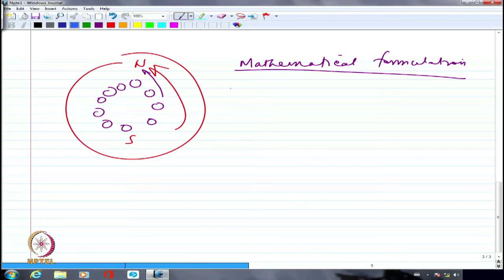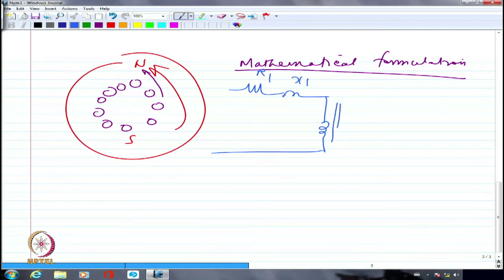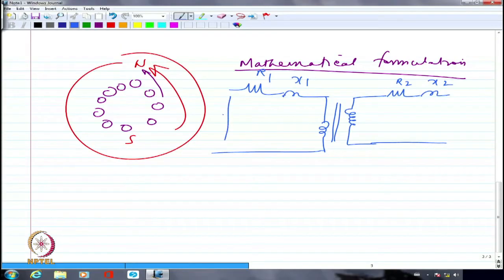So I can simply say this is R1, this is X1, and here is my magnetizing reactance or the actual coil, and I'm going to have this as the secondary, and I'm going to have R2 and X2. That's it, right? And what I am applying here is V1 per phase, right?